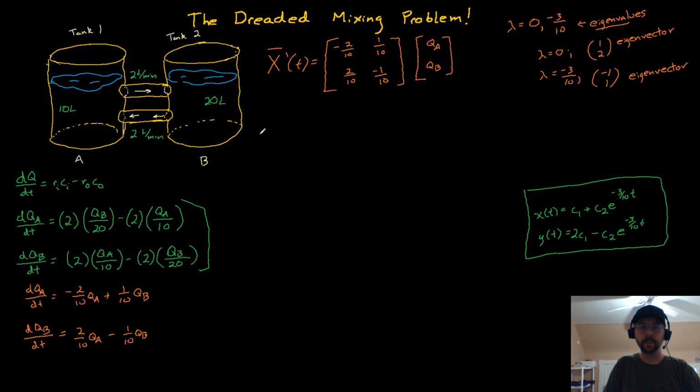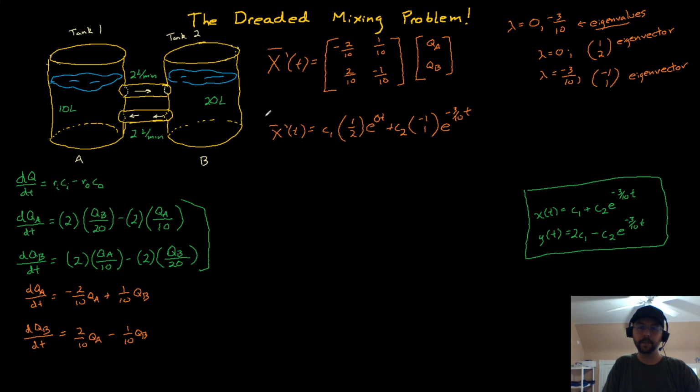So our solution is x of t equals c1 times our first eigenvector, which is 1 over 2, times e to our first eigenvalue, which is 0, times t, plus c2 times our second eigenvector, which is negative 1 over 1, e to the negative 3/10 t.